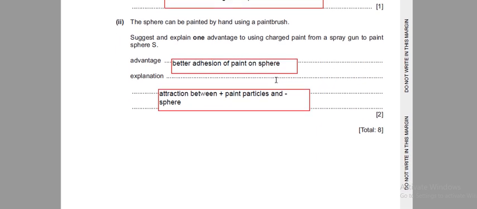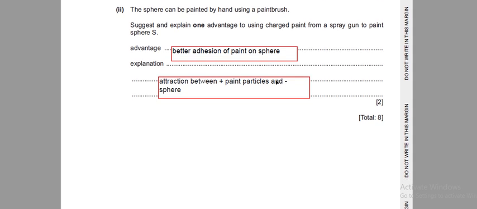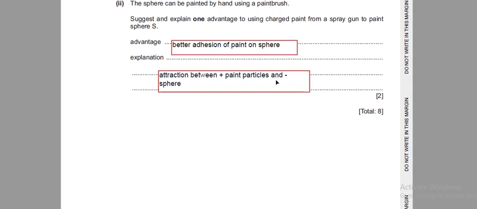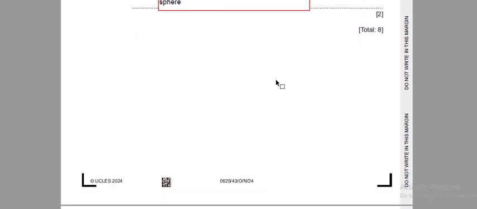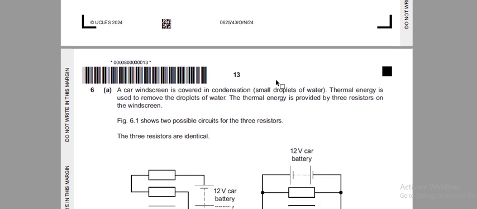The sphere can be painted by hand. Explain one advantage of using electric spray: because it makes better adhesion of paint on the sphere, because of attraction between positively charged particles and the negatively charged sphere.